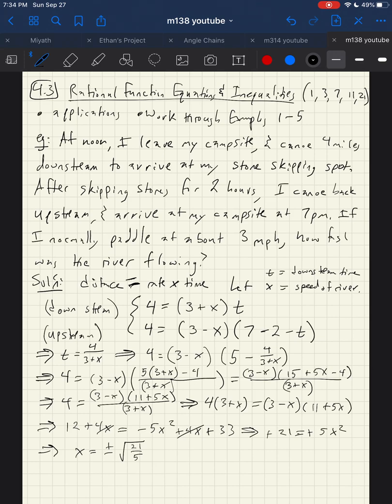So I've done the math. Now, x is plus or minus the square root of 21 over 5. If I think of x as a physical quantity, is x going to be positive or negative? Well, if x is the speed of the river, I'm going to think of that as positive.